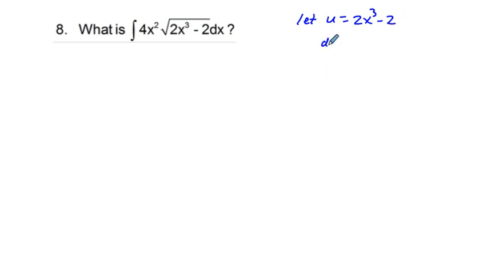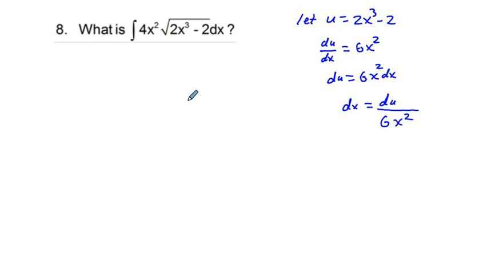And so du with respect to x is going to be equal to 6x squared. And cross multiplying the dx, we're going to have du is equal to 6x squared dx. And solving for dx now, dx is going to be equal to du over 6x squared.